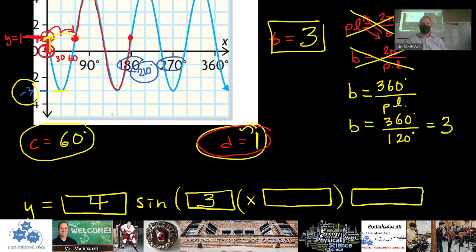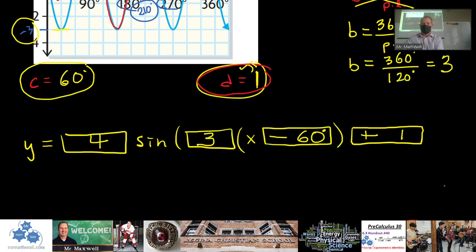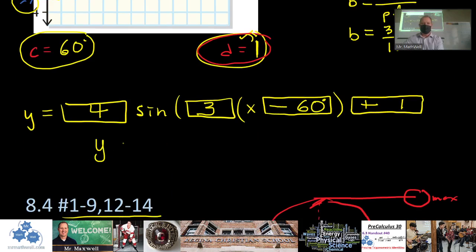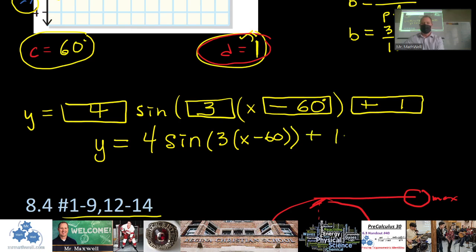The C value is 60, so this is going to be x minus 60 degrees plus 1. And to get rid of those silly boxes, it's going to look like this. Y equals 4 sine of bracket 3 bracket x minus 60 bracket plus 1.